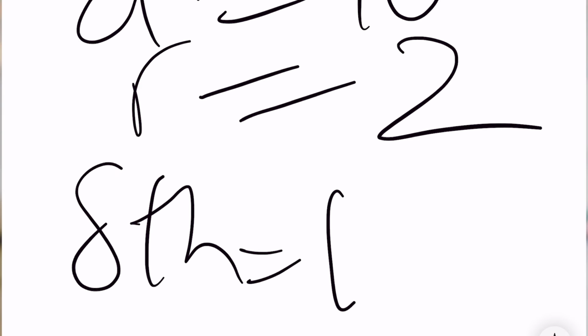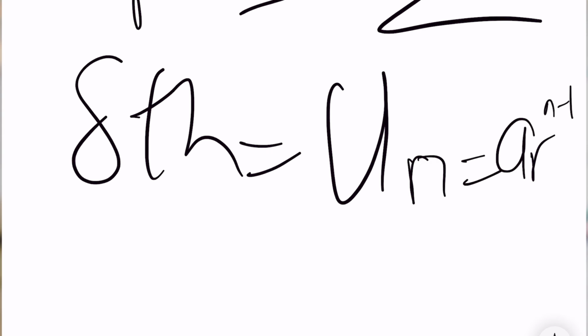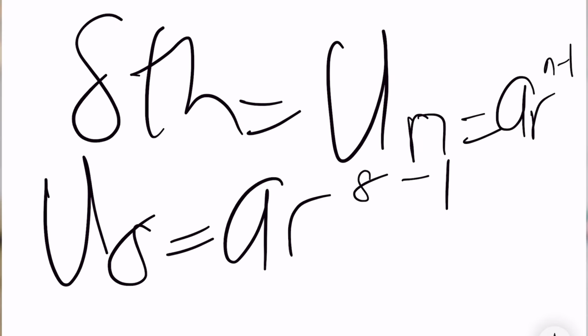The first part says we have to find our 8th term. Our 8th term is Un, which is AR^(n-1). So our U8 will be AR^(8-1), and our A is 10, our R is 2.